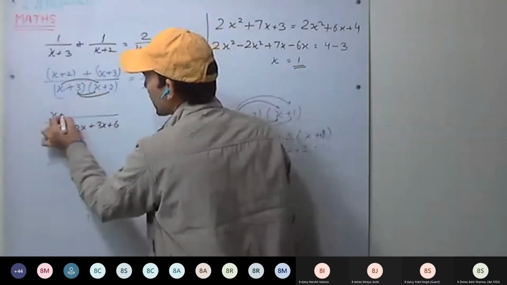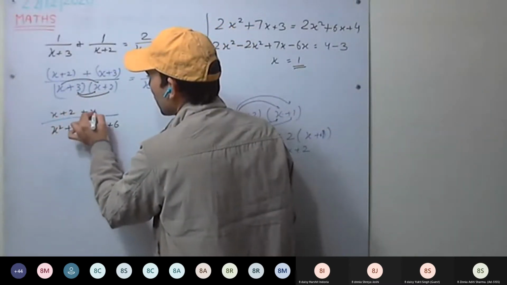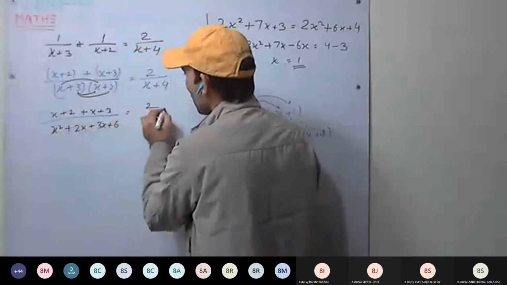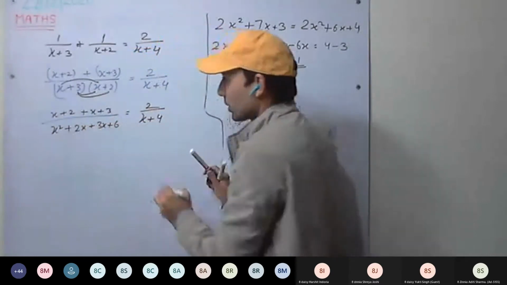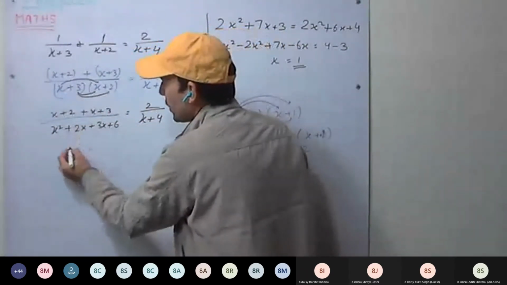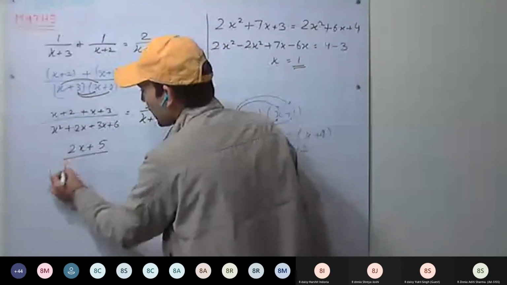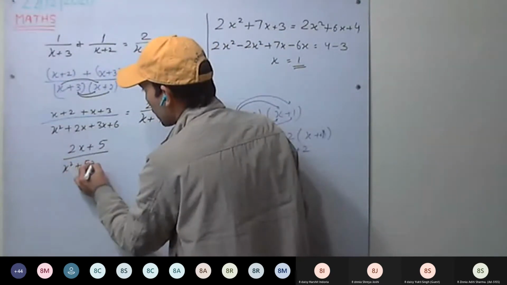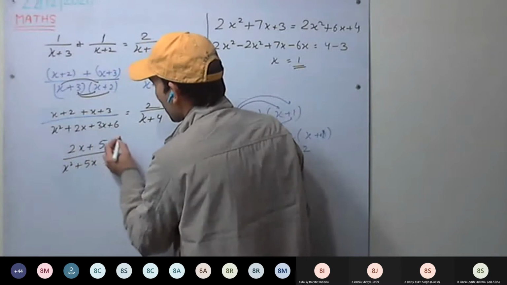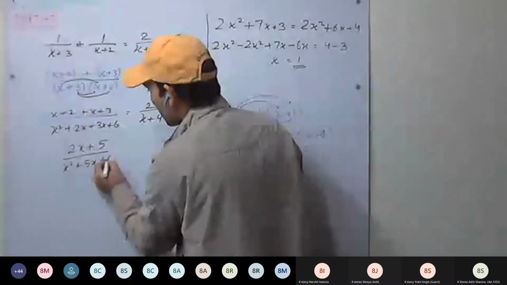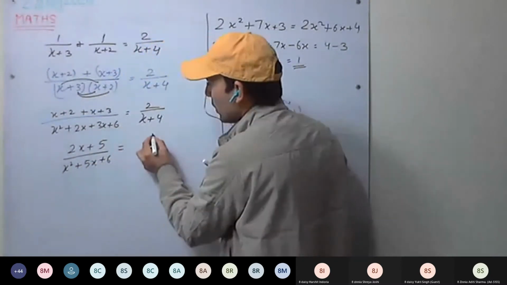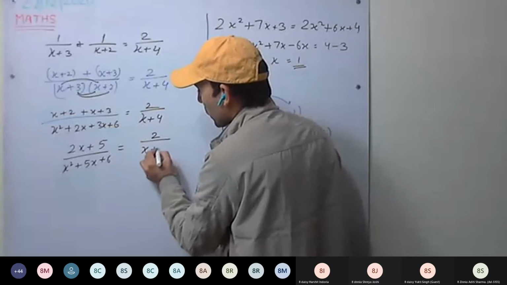In the numerator, what are we getting? X plus 2 plus x plus 3, that is 2x plus 5. In the denominator, x square plus 5x plus 6, equal to 2 upon x plus 4.